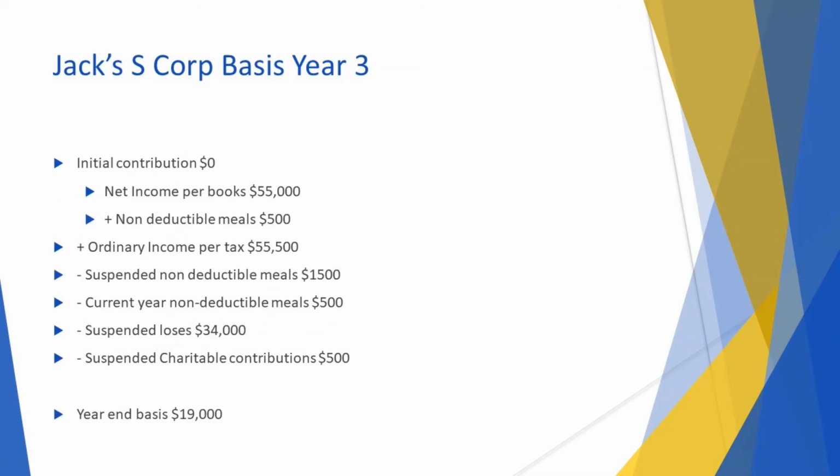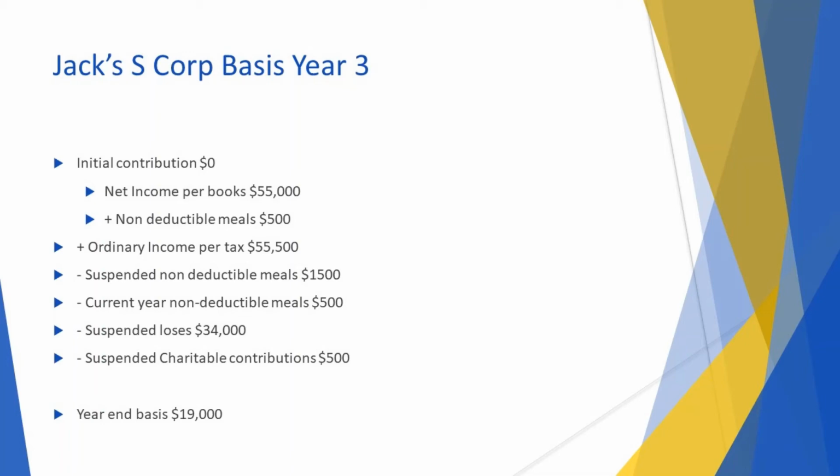Year 3, Jack's basis is zero. He has income per books of $55,000, which includes $500 of non-deductible meals. His beginning basis is zero. Addition for ordinary income, $55,500. Next, we'll subtract the suspended non-deductible previous year expenses of $1,500.